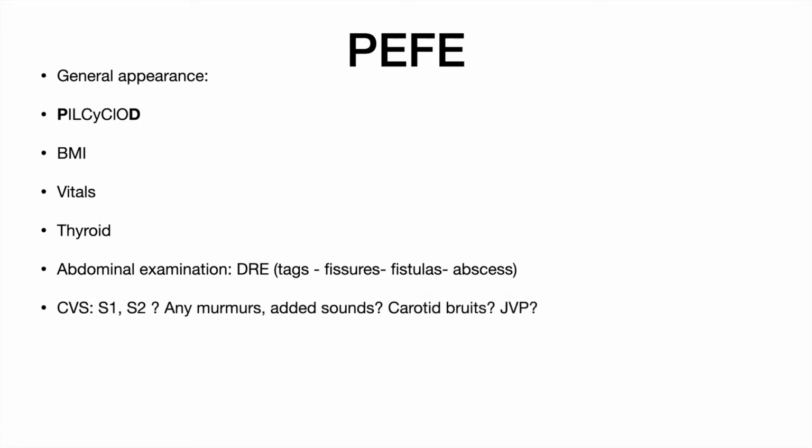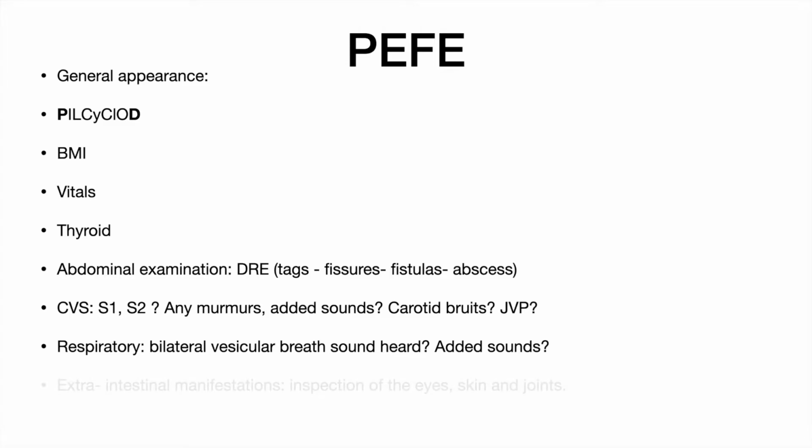Then you can quickly go through the cardiovascular system and the respiratory system examination. Now, if you're thinking of inflammatory bowel disease as your diagnosis, you might also want to ask about the extraintestinal manifestations. And here, as you're talking to the examiner, you can use medical terms.